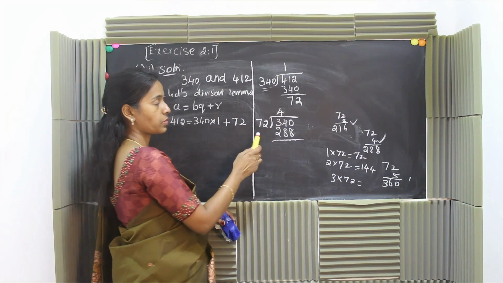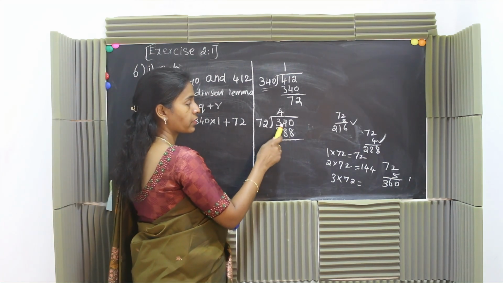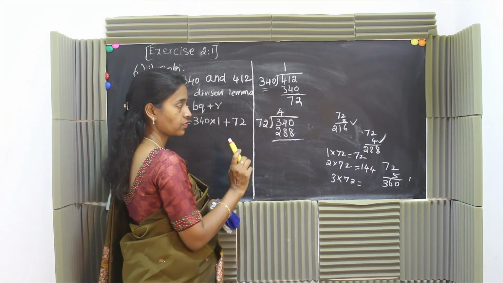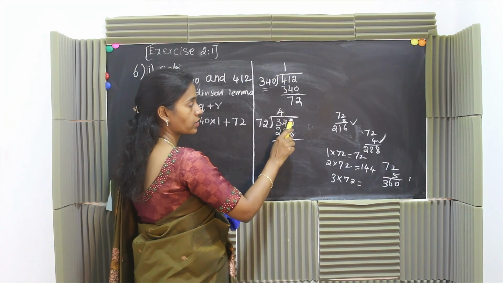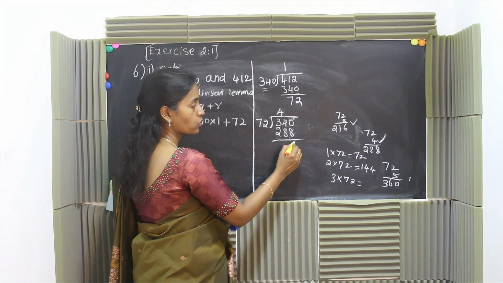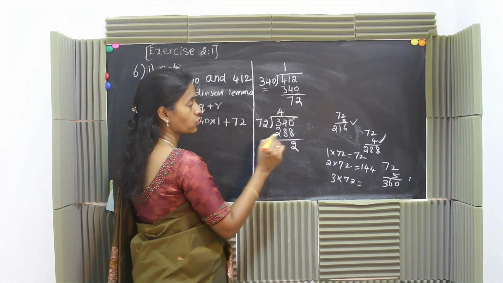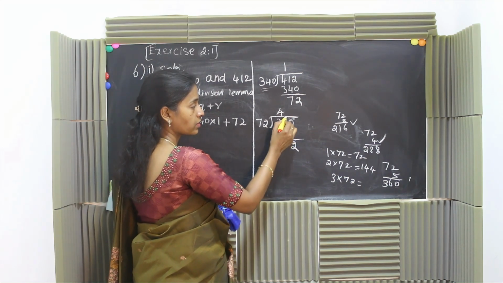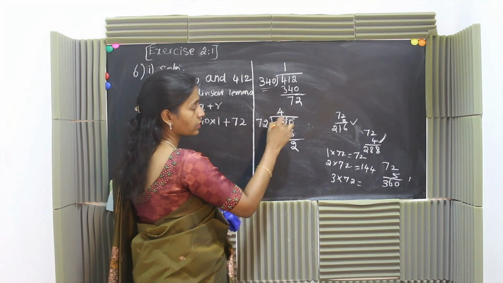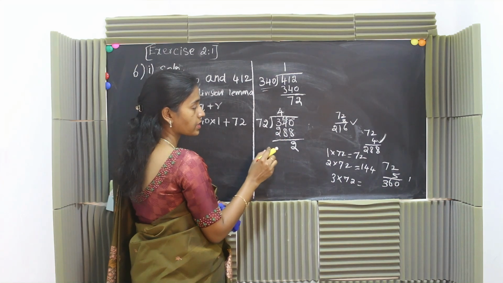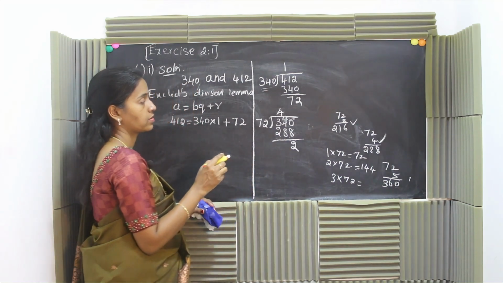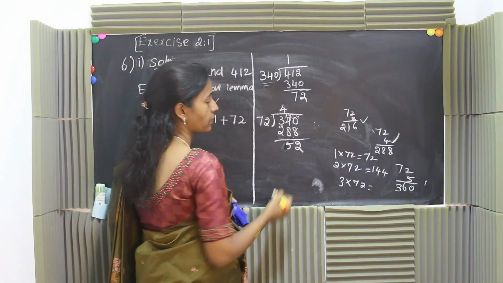If you want to subtract 288 from 340, 340 minus 288 gives 52.